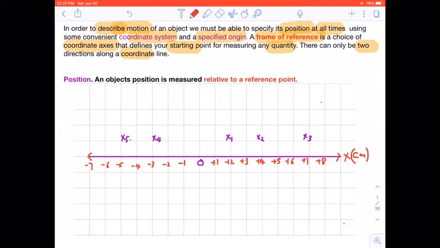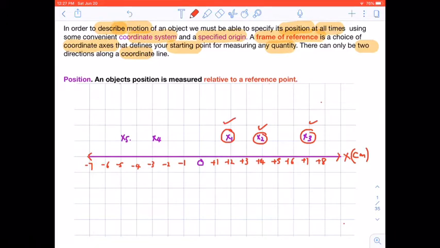Let's say I have here the position of an object, and we've got x1 at plus 2 centimeters, x2 at the plus 4 centimeter mark, and x3 at a plus 7 centimeter mark.